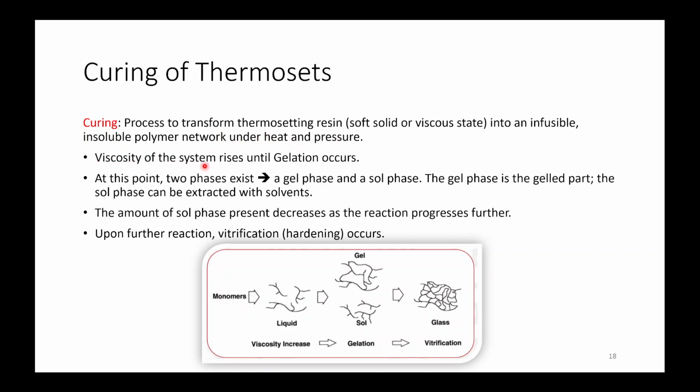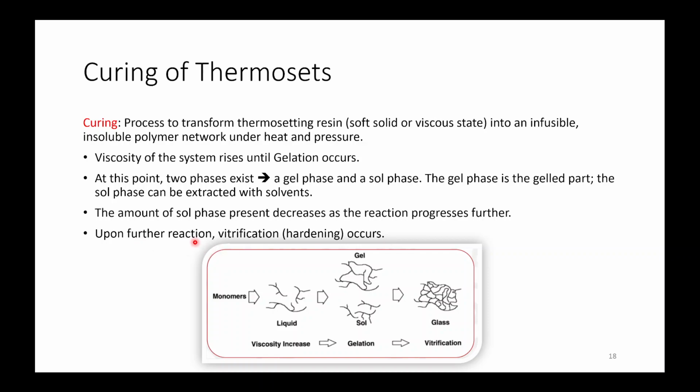So the viscosity of the system rises until gelation occurs. At this point, two phases exist, a gel phase and a sol phase. The gel phase is the gelled part, and the sol phase can be extracted with solvents. The amount of sol phase present decreases as the reaction progresses further.